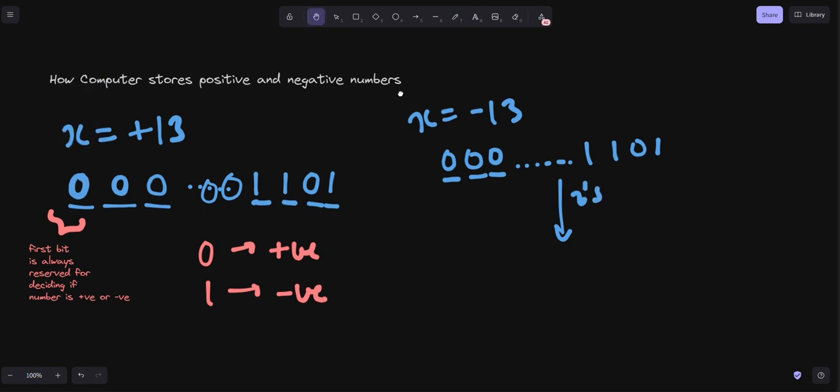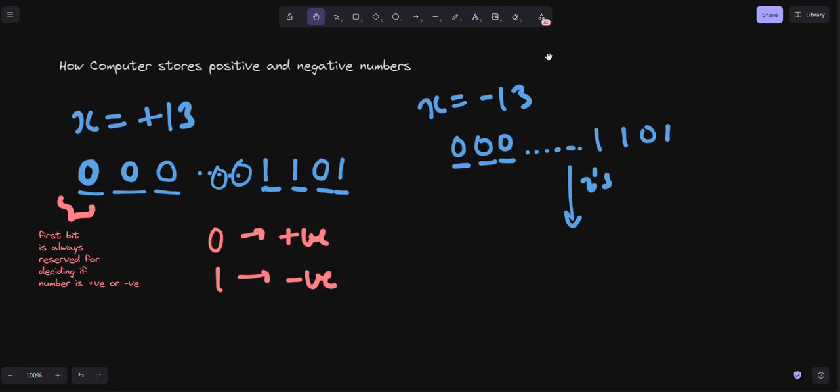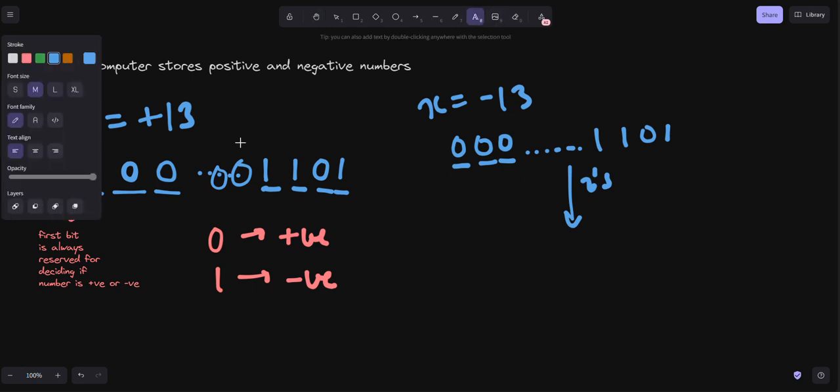One more note you can write here: whenever a number is stored as negative, the computer performs 2's complement.